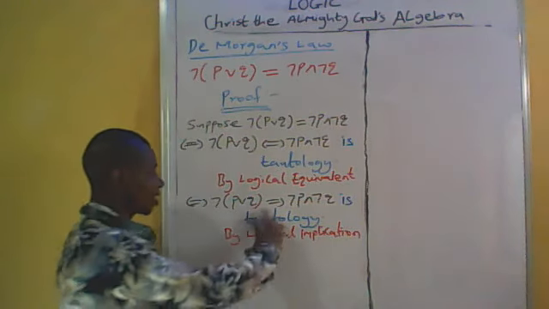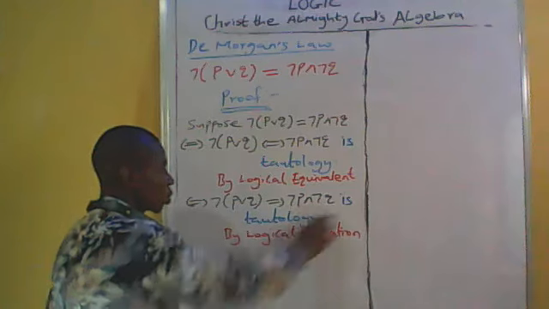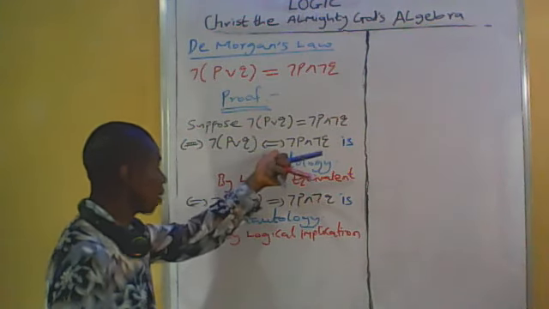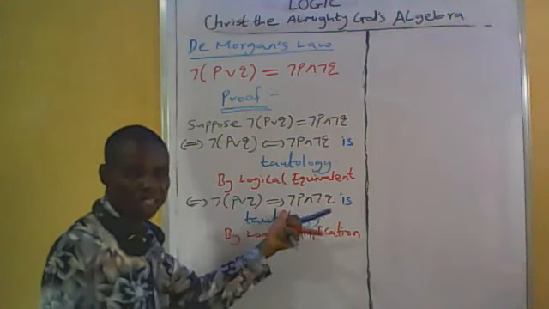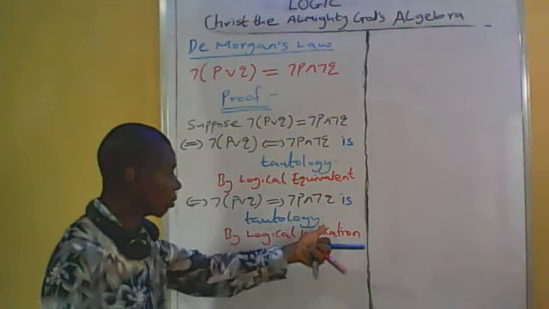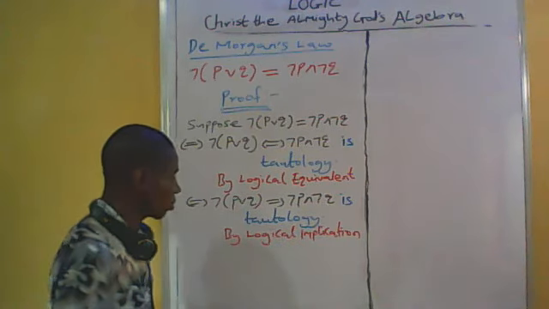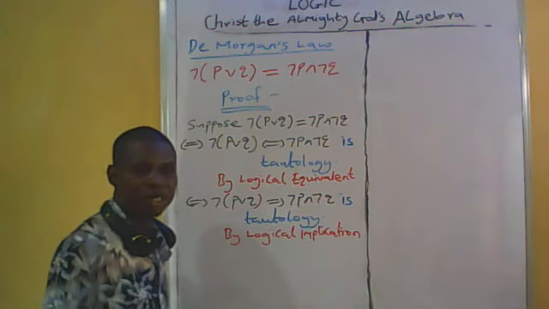Now, you see that it preserves tautology when you transform it from biconditional statement to conditional statement. It still preserves tautology, being justified by logical implication.